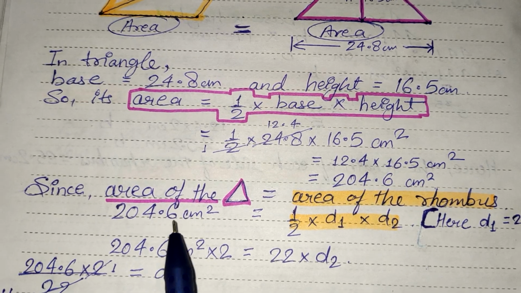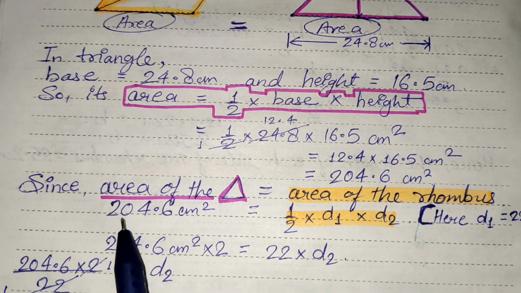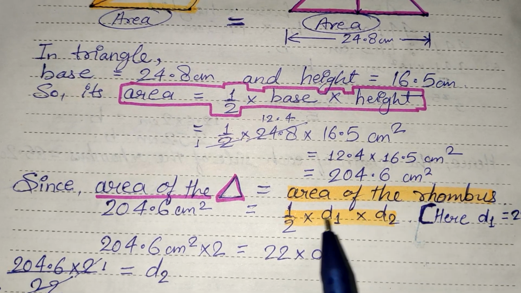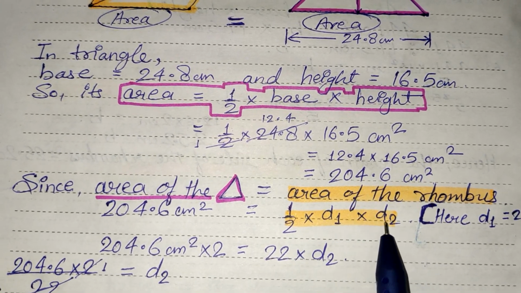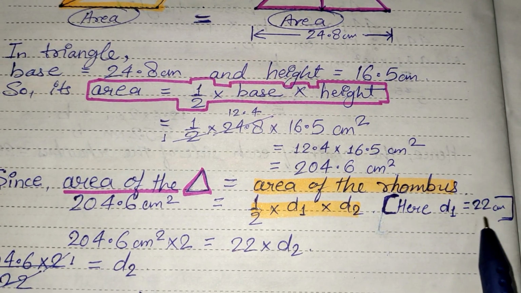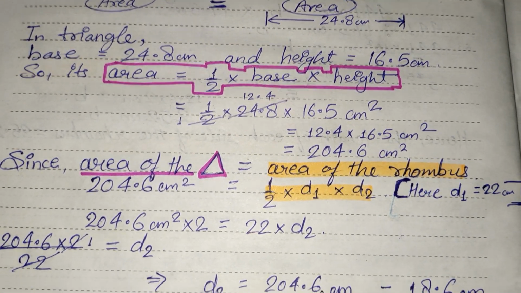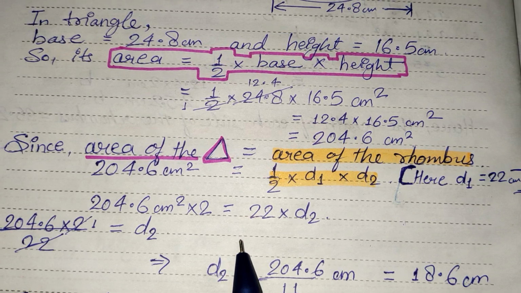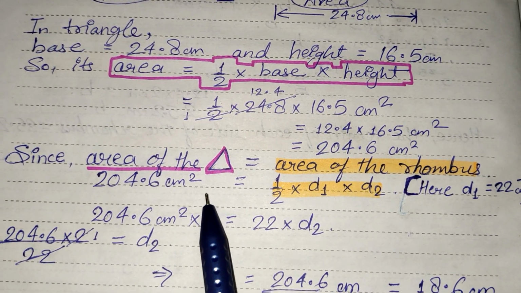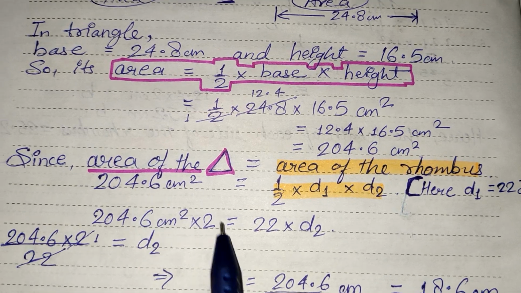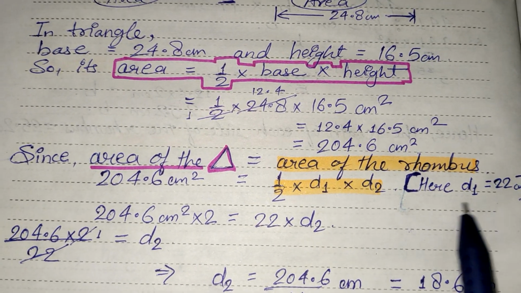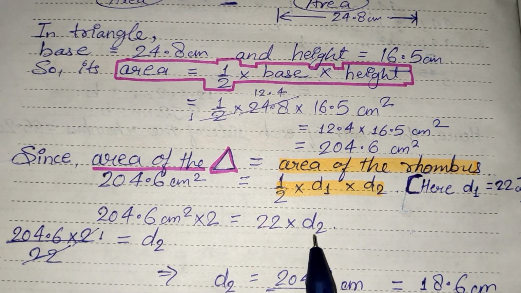So the area of the triangle we have taken out is 204.6 centimeter square, and we know that area of a rhombus is equal to 1 by 2 into d1 into d2. Here the length of d1 is already given, that is 22 centimeter. Now putting the values, we have 204.6 centimeter square. Transfer this 1 by 2 to the left side, we have multiplied by 2, and here we have d1 value 22, so 22 into d2.